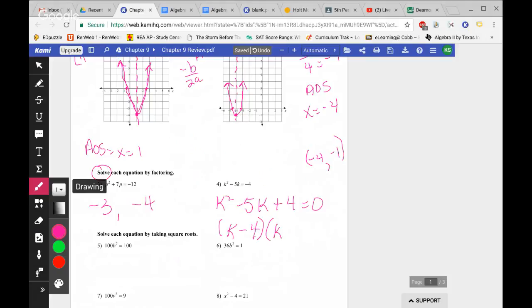Yes, perfect. Then you set each factor equal to 0 and solve for k. So k equals 4, and with the other one, k minus 1 equals 0, so k equals 1.